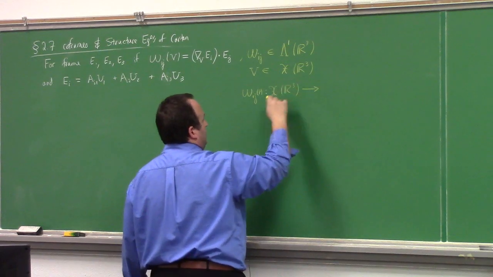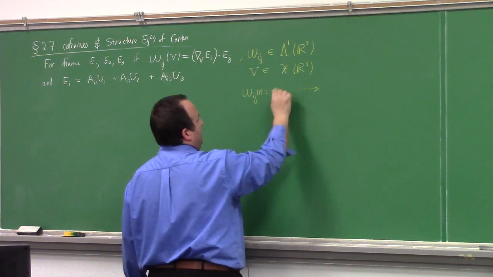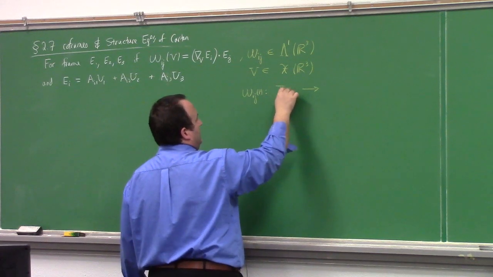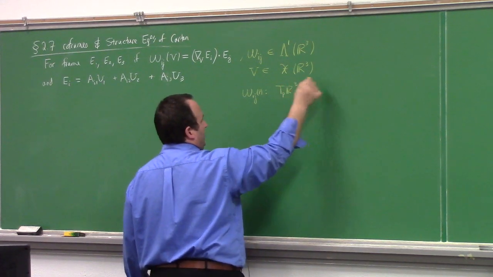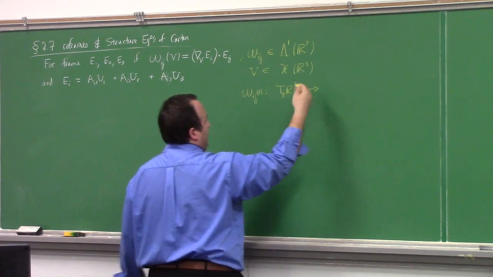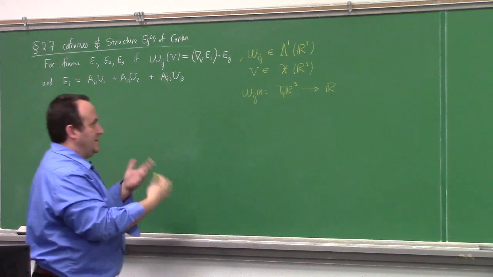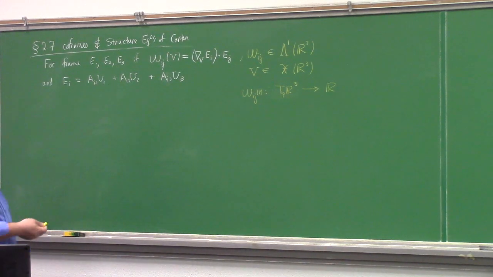Oh, curses, now instead of vector fields, I need TP R3, the vectors at a point. And so you plug in a vector at a point into this 1 form, and out pops a number. And it's linear, so it's a 1 form. Anyway, these are the connection coefficients, which we can identify with 1 forms. I mean, they are 1 forms.